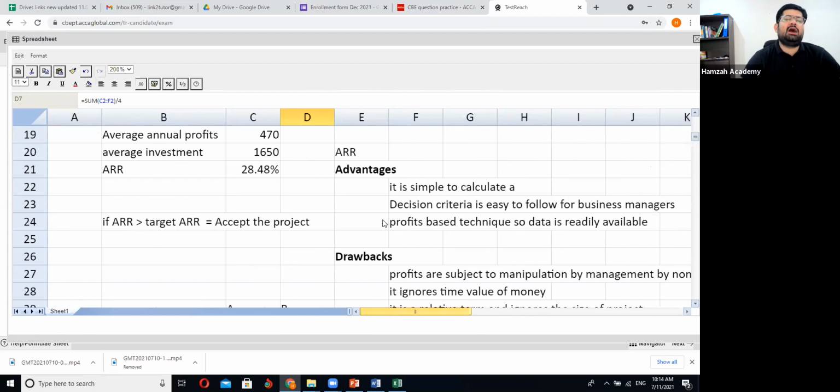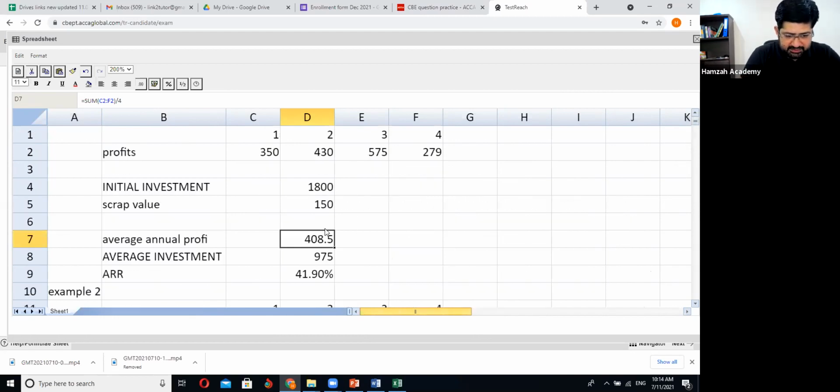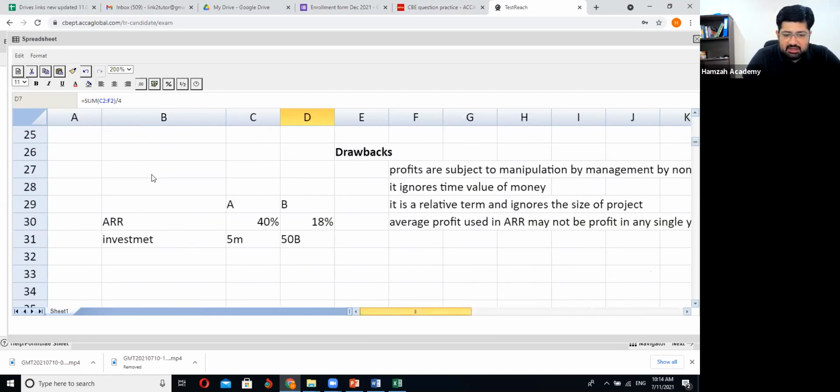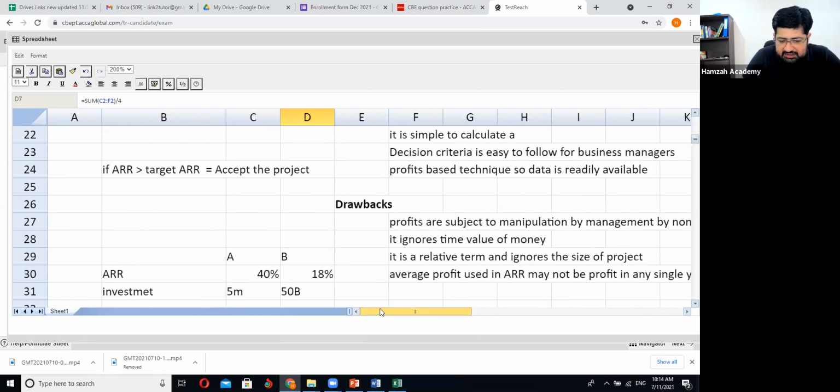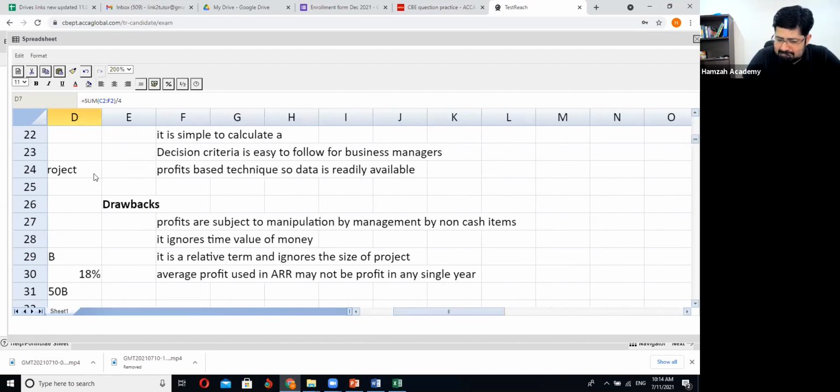So students, ARR, accounting rate of return, is done. Now, let us proceed further. The next topic is, have you noted everything down? Tell me, please.